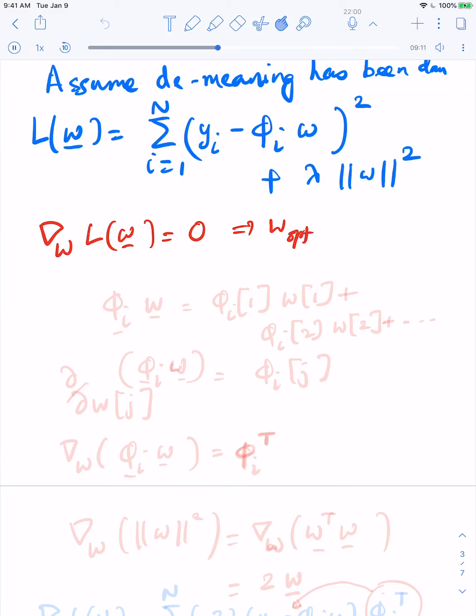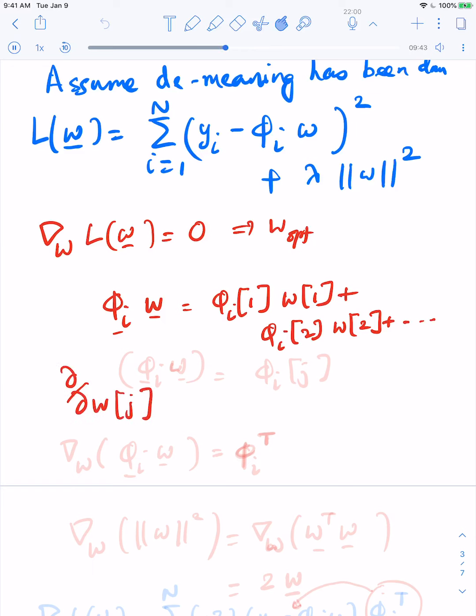Let me just do some calculations on the side. We've already done gradient computations before, but there's no harm reviewing them. So when I look at a term like phi w, what is it doing? Phi is a row vector. It's taking phi 1, multiplying it by w1, the first element of w, phi 2, multiplying it by the second element of w, etc. So note that del by del wj of phi w is just going to be the jth entry of phi, right?